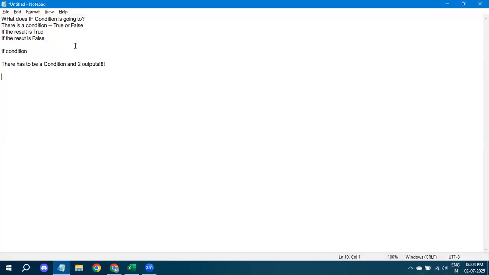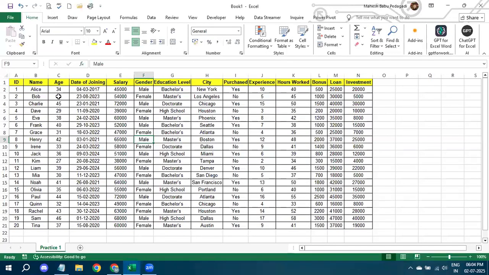For example, if you notice here, I'm having columns: ID, name, age, date of joining, salary, gender, education level, city, purchased, experience, hours worked, bonus, loan, investment.